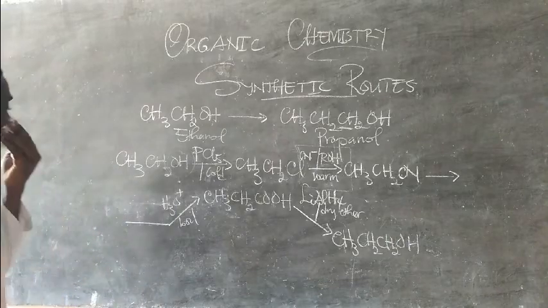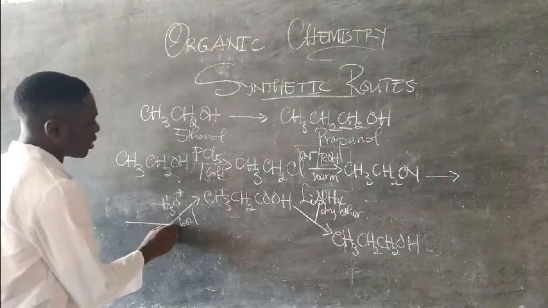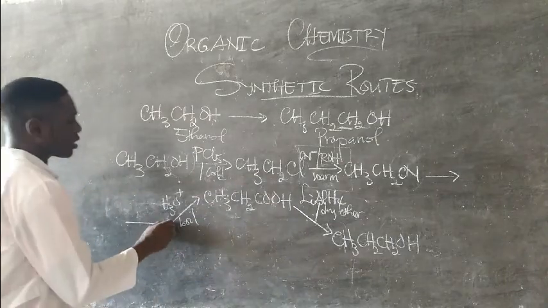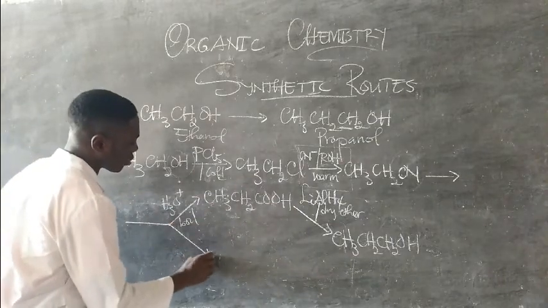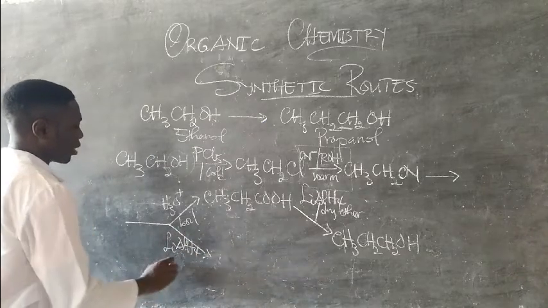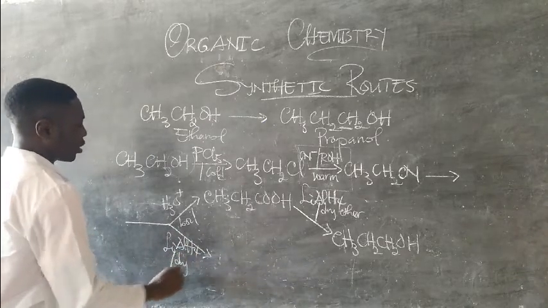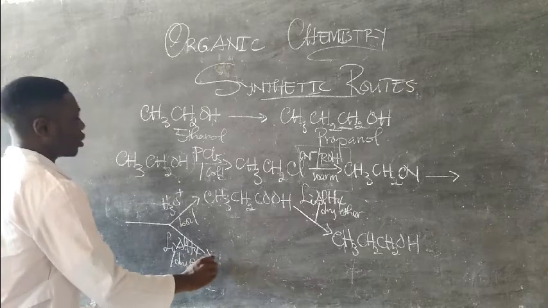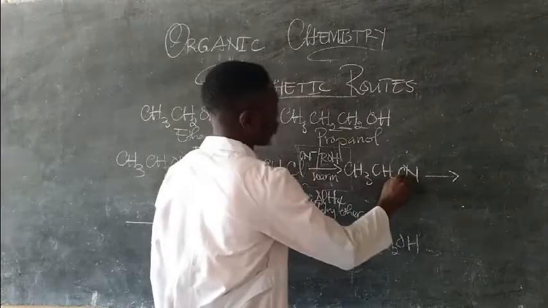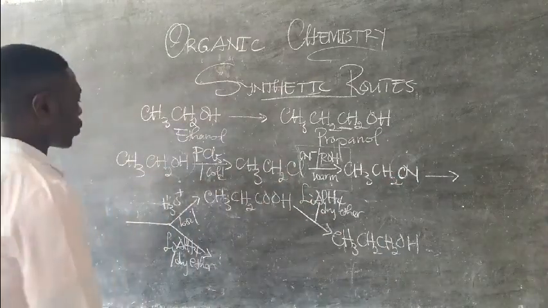Now here, I've gone through one route to arrive there. I could still decide to go through another route. I could use lithium aluminium hydride in dry ether to reduce this cyanide to an amine.